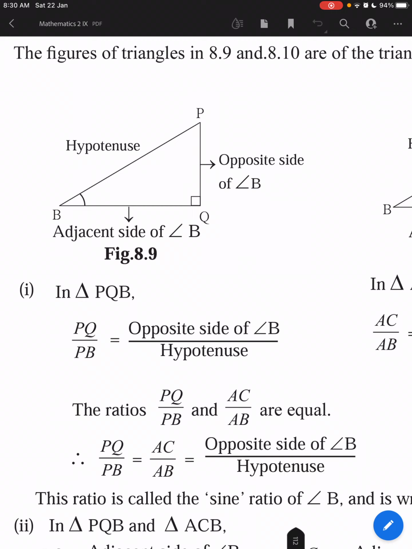Here you have PQ upon BQ. We don't divide by the hypotenuse here. AC upon BC. These are the opposite side of angle B and the adjacent side of angle B in the given two triangles, PBQ and ACB.